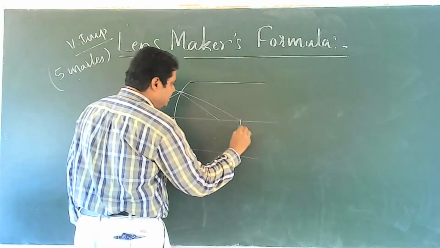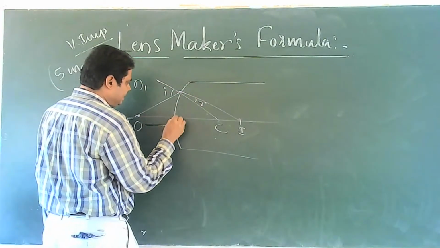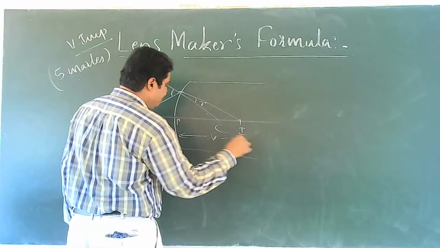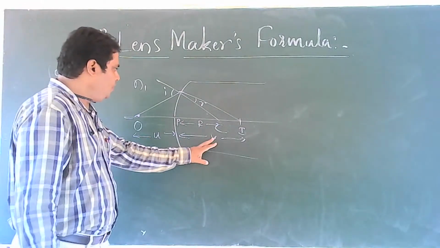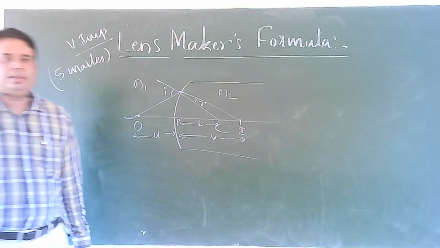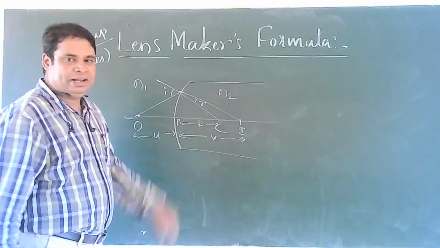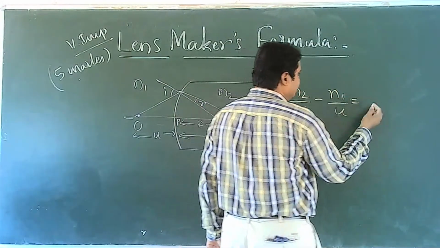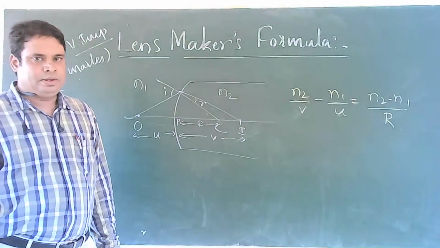This is O, this is I, this is C, this is angle i, this is angle r, this is refractive index n1, say this is P, this distance is u, and this distance is v, and of course this distance is R. We have derived a relation connecting u, v, n and R in the form n2 by v minus n1 by u is equal to n2 minus n1 divided by R. Fine.